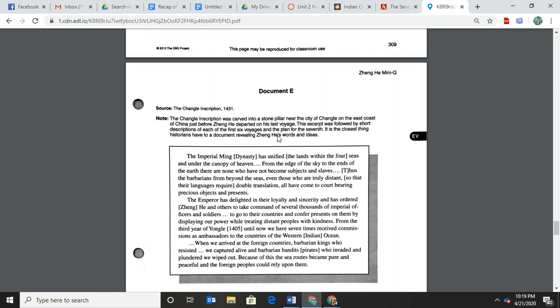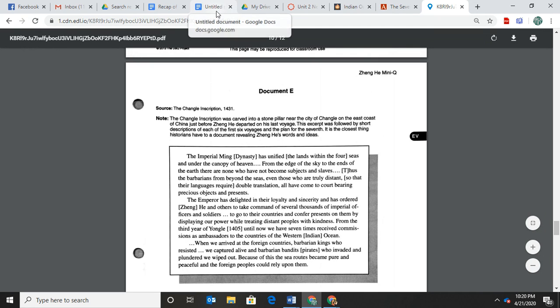They carved this as a monument to Zheng He. So the point of view of the inscriber was that Zheng He was an amazing person, an amazing sailor. The purpose was to show how impressive Zheng He and the Ming dynasty were.